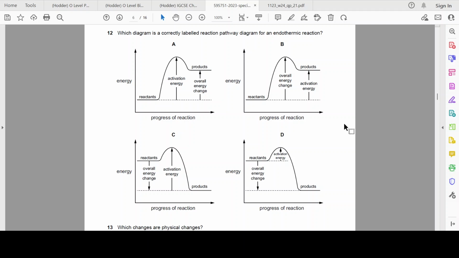Activation energy and the overall energy change. So the overall energy change is taken into consideration when you look at the energy level of the reactants and the products. And so the overall energy change is this arrow over here, right? It is the energy difference between the products and the reactants.